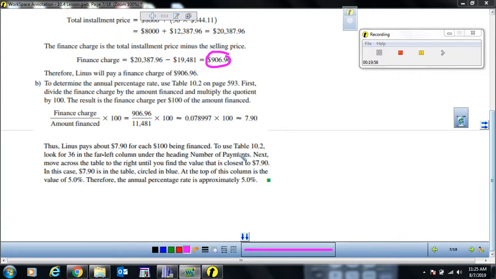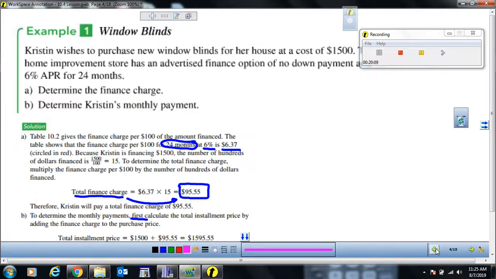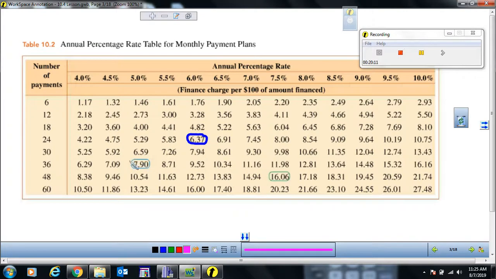So if I go to table 10.2, if you look for 790, it's right here. This one. So you see how the problem was saying that he had to repay the loan in 36 months.